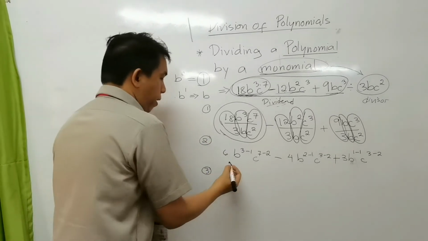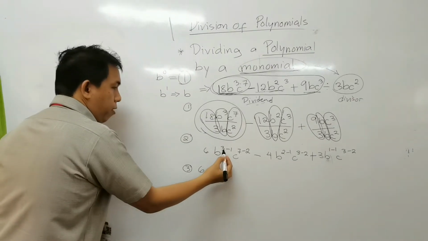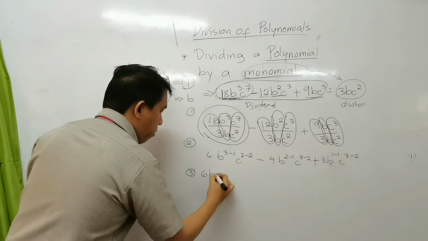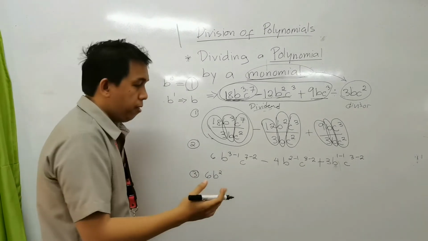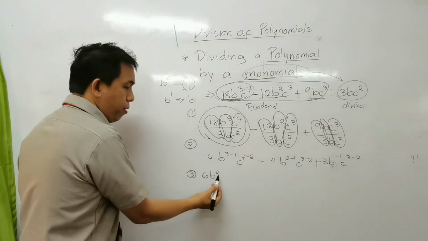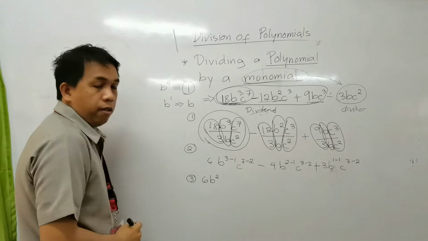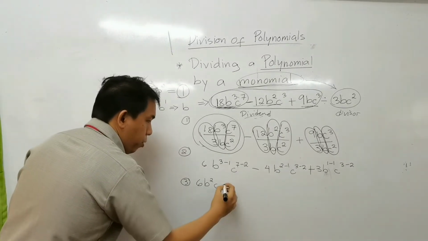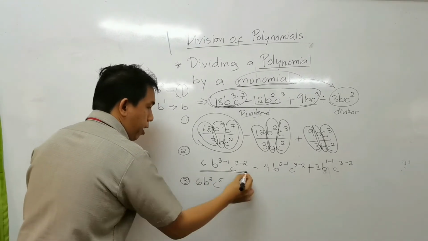So again, 6, we can copy this 6. Then b to the power of 3 minus 1, that is b to the power of 2. So instead of 3 minus 1, we are subtracting them. So 3 minus 1 is equal to 2. Next, same procedure will go on. So we have c to the power of 7 minus 2, we have 5. So we're done with this term.